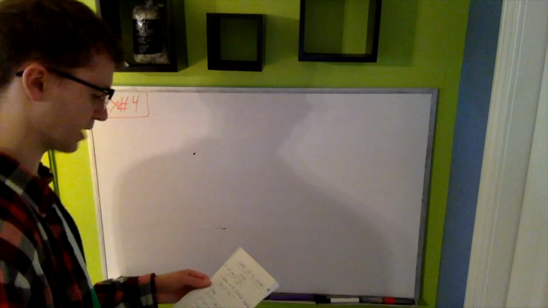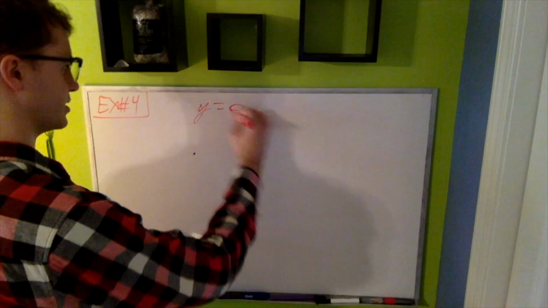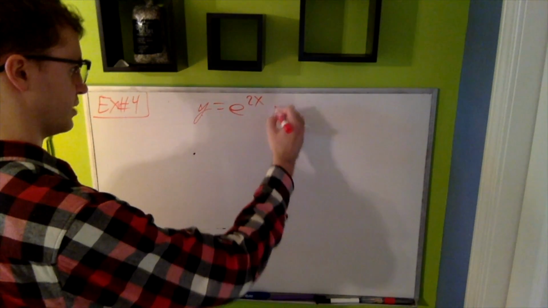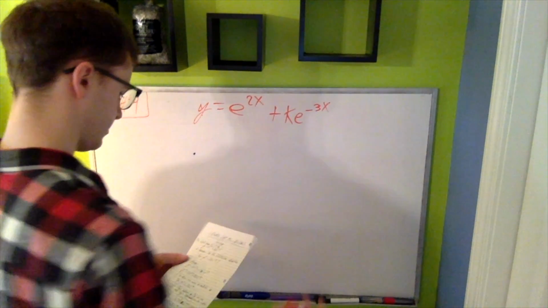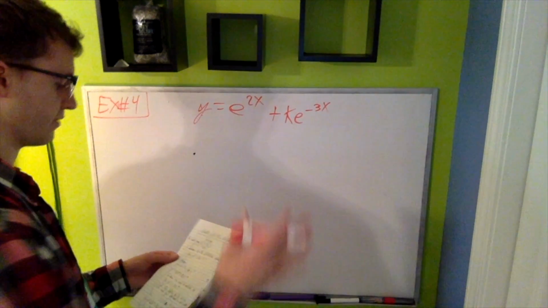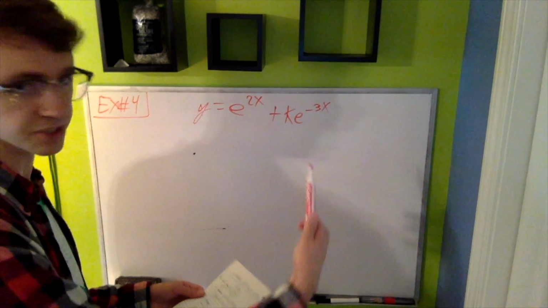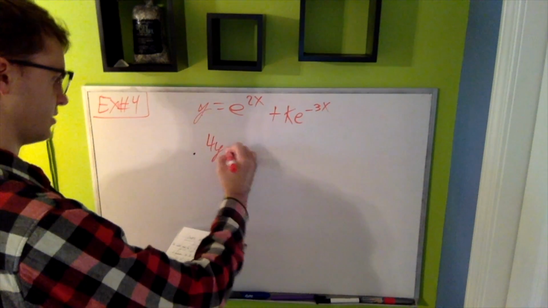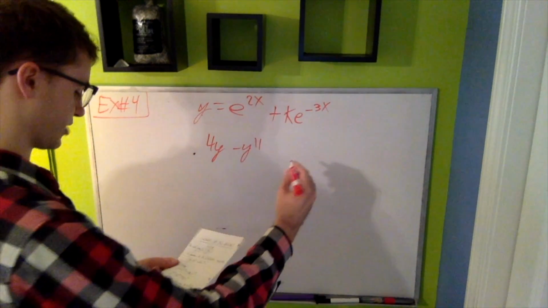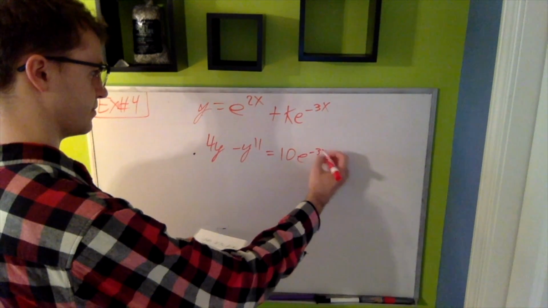So this particular problem asks for what value K, if any, is y equal to e to the 2x plus Ke to the negative 3x, a solution to the differential equation y minus y double prime, the second derivative of y, equals 10e to the negative 3x.